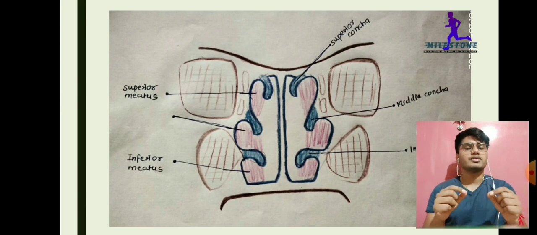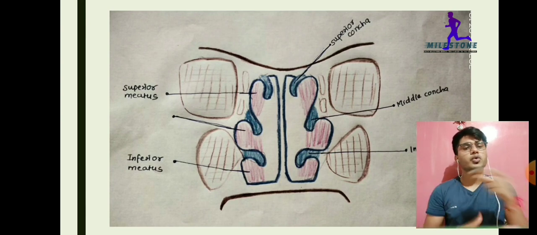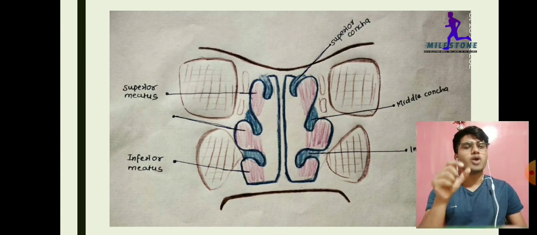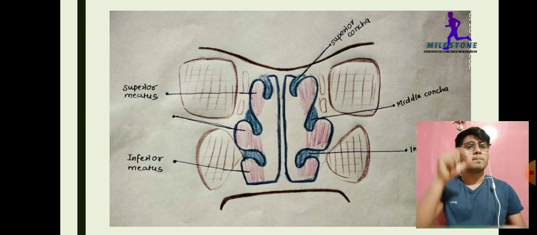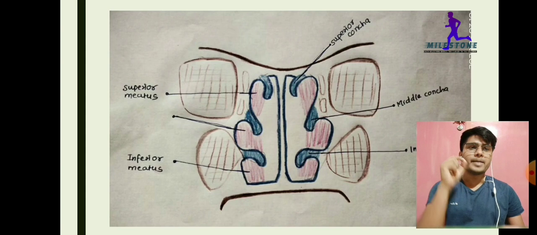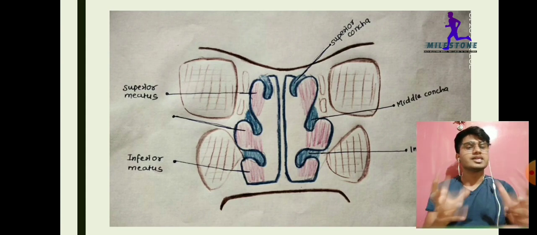Later on you will know why I told you this fact. And they are smaller in size. So ethmoidal sinuses are smaller in size and multiple in number. And maxillary sinuses are larger in size and they are a couple.